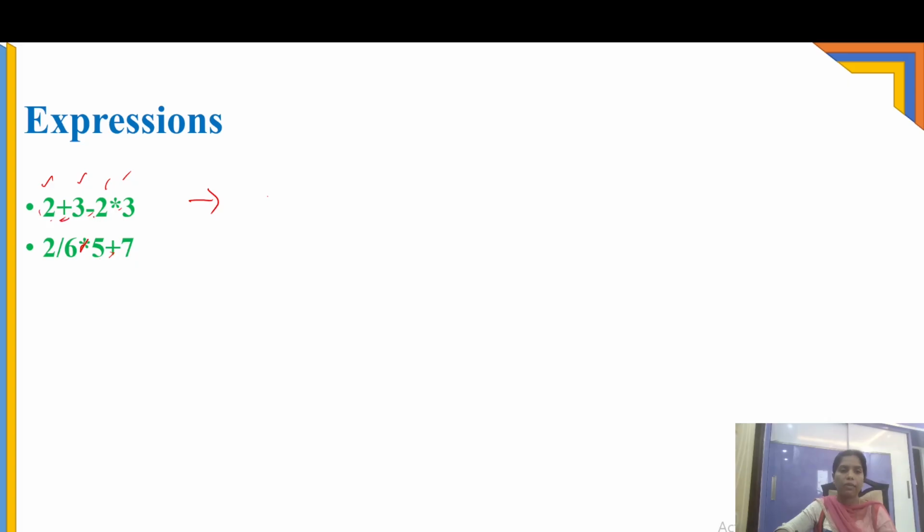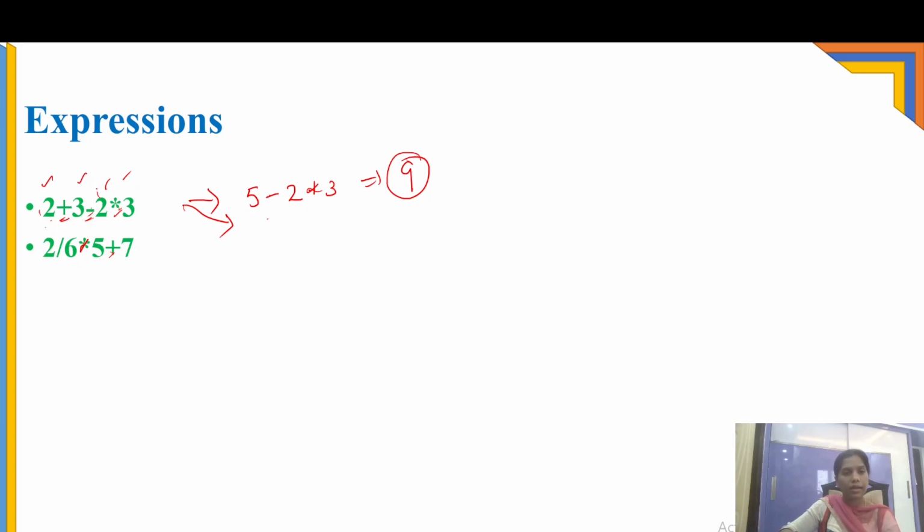Here more than one operator we are seeing: plus, minus, star. So let's evaluate this. 2 plus 3, 5, minus 2 into 3. 5 minus 2, 3. 3 into 3, 9. In one case I got the output as 9.